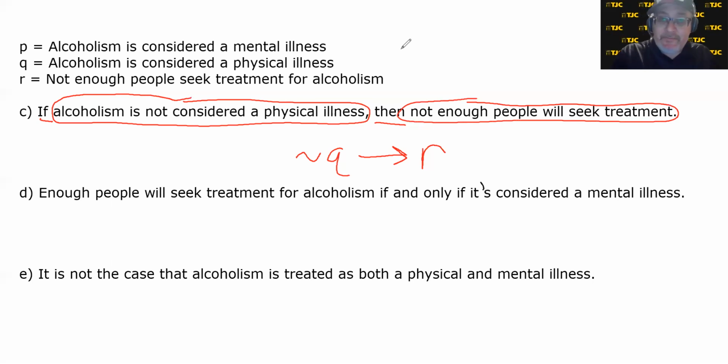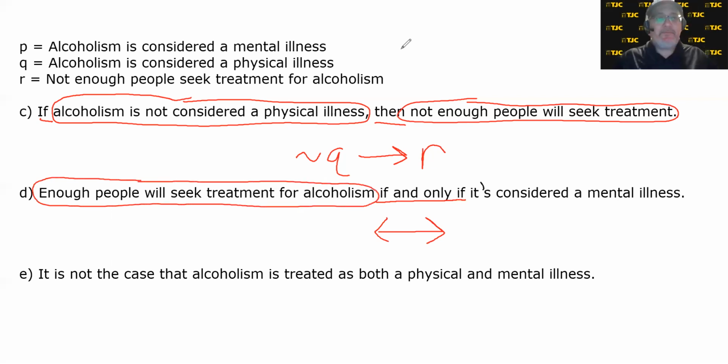The connective, it's hard to miss this one: if and only if. That's the biconditional, the two-headed arrow. Let's look on both sides of it. Enough people will seek treatment for alcoholism. Which simple statement is that?